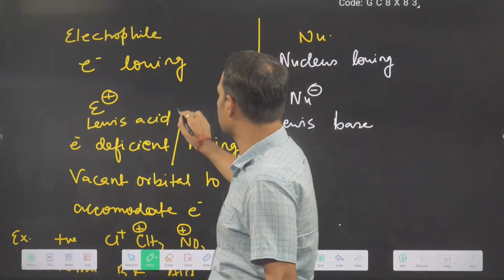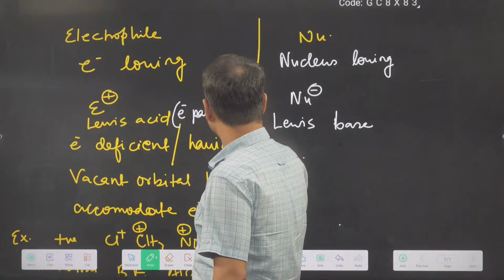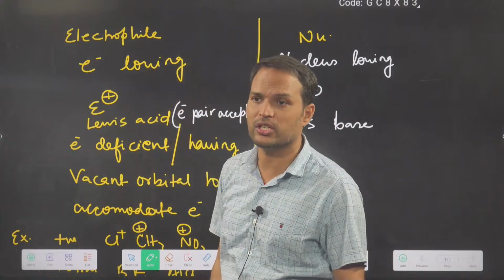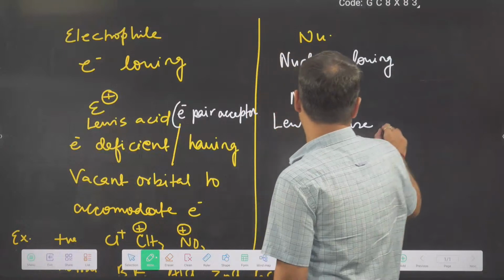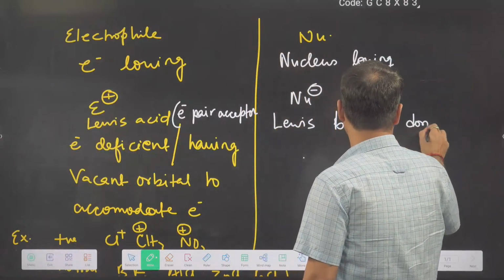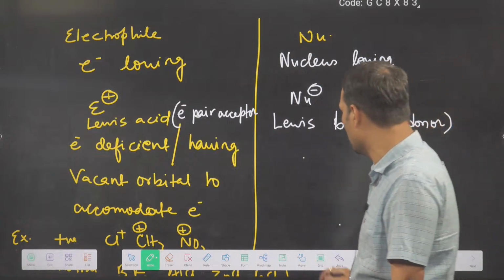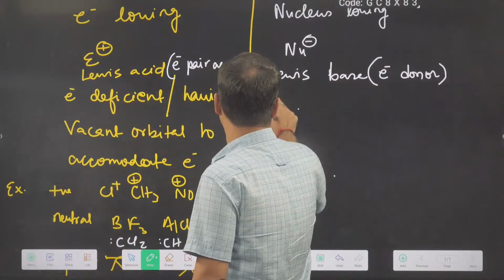You know what is Lewis acid? Electron pair acceptor. Electrophiles also what? They are electron deficient and they accept a pair of electron. So you can say Lewis bases are what? Electron donor. Nucleophiles are also what? Electron donor. Okay, then you have written here that they are electron deficient. Here I will write what?